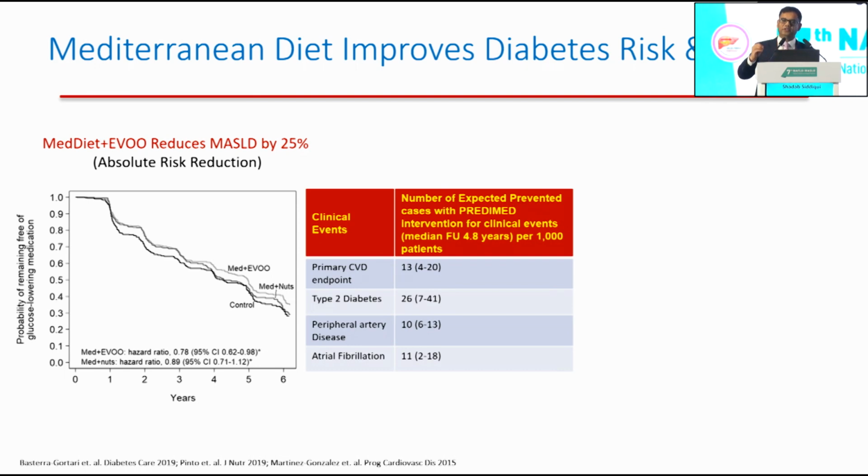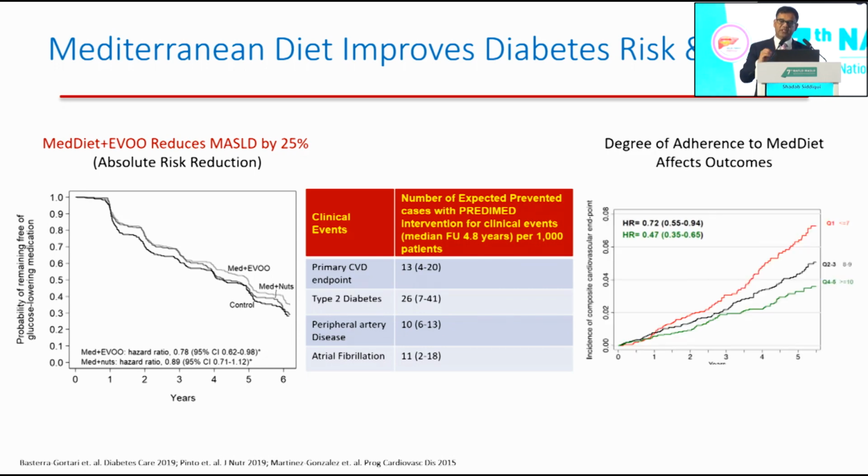They will go on to develop diabetes, peripheral arterial disease, atrial fibrillation. So Mediterranean diet works. And the more adherent the patients are, the greater the degree of reduction in these relative risks. So diet plays a key role in it. And this diet doesn't cost any money. It's cheap. As long as the patient gets the right counseling, they understand the risk, it can be implemented widely.